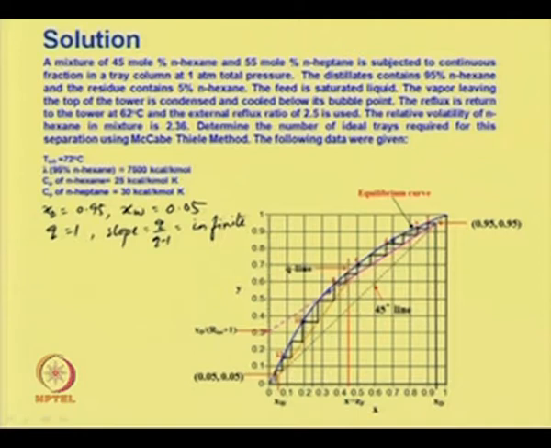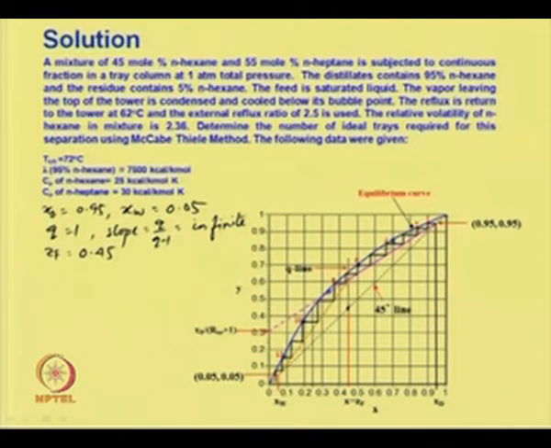So, this is the feed point, and this is the q line, which is a vertical line at the feed point of 0.45, because ZF is 0.45.